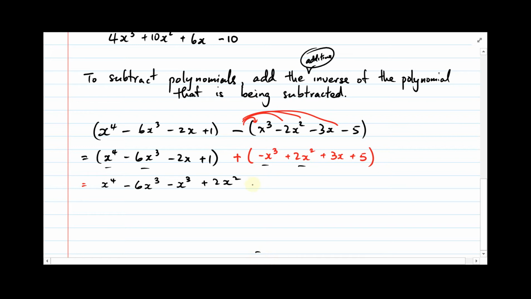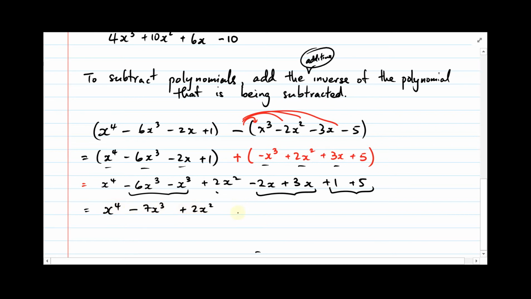Minus 2x plus 3x, so those two are accounted for. 1 and 5, combine like terms. And here we go. Alright, so this didn't have a like term. So we'll just bring down x to the fourth minus 7x cubed, 2x squared plus x plus 6.